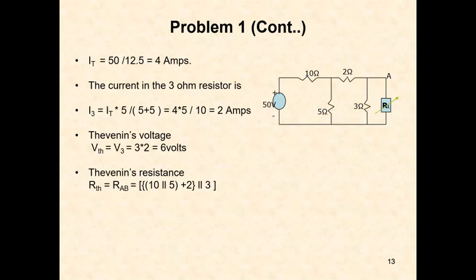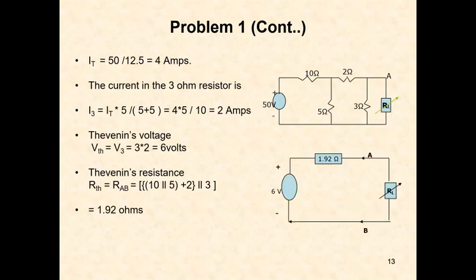By solving this, we get 1.92 ohms. So this can be replaced by a Thevenin's equivalent circuit: 6 volts in series with 1.92 ohms and in series with RL.